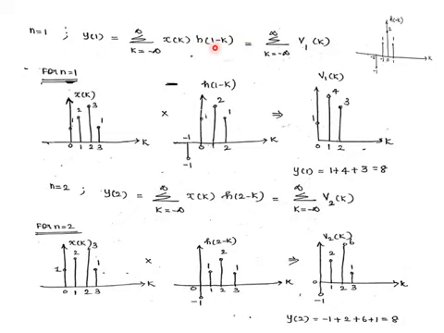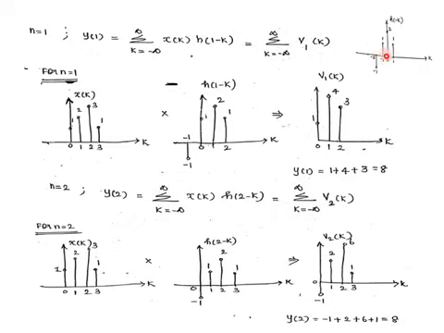This is obtained by shifting the folded sequence h of minus k by 1 unit towards right. The reason for the right shift is that the value of n is positive, plus 1. So h of minus k has to be shifted by 1 sample unit towards right.